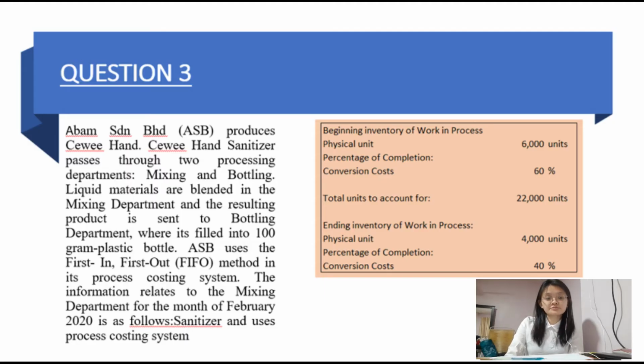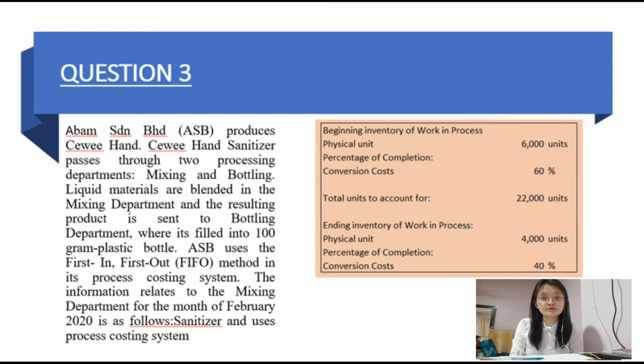Now I would like to present about the question 3. And the question already stated that the ASP used the first in first out, which is the FIFO method, on its process costing system. The information that is given has the beginning inventory of work in process.